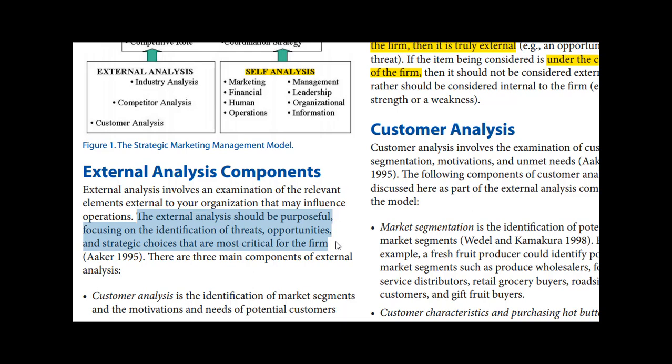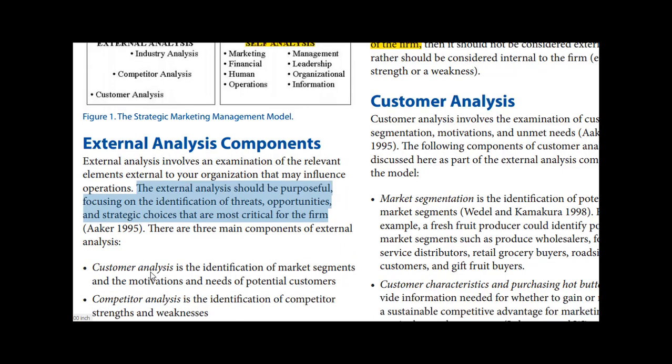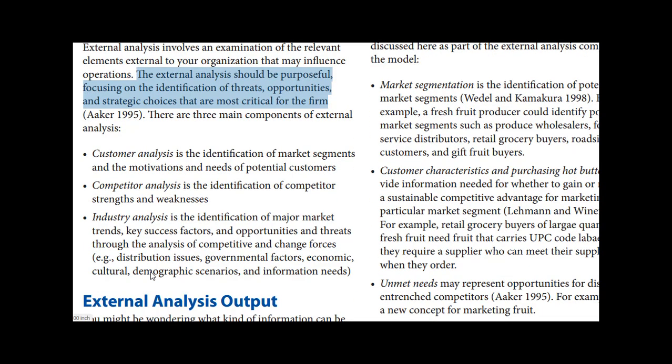Most of the time, these components are not in the control of the organization, or it has little control. According to Aaker in 1995, the external analysis has three main components: the customers, the competitors, and the industry.